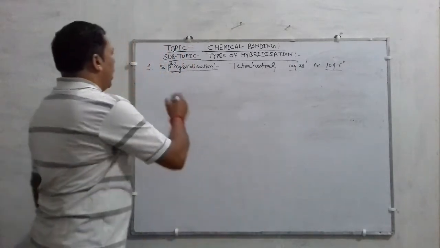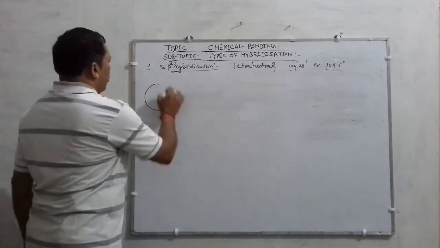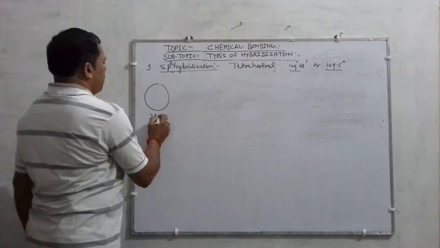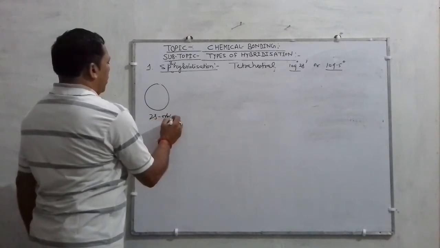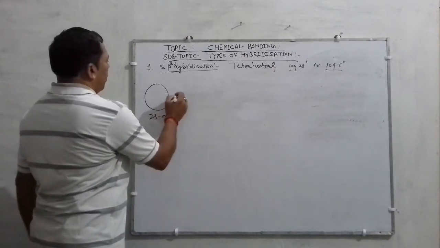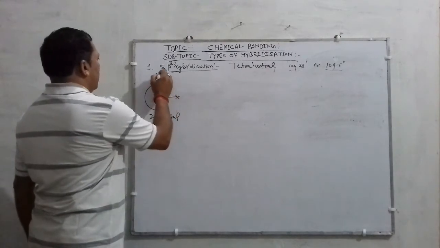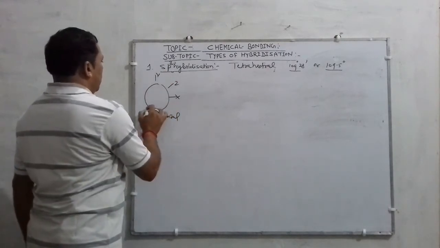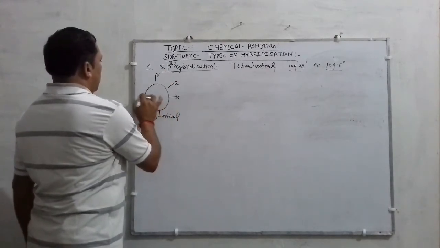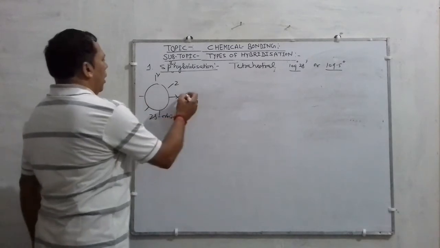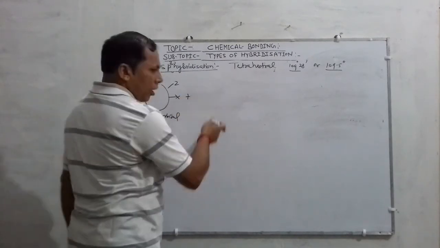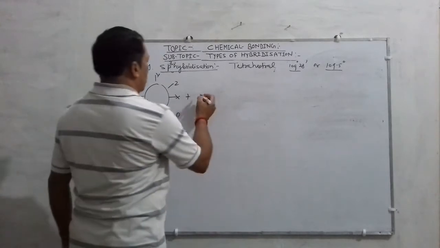Listen, suppose this is your s orbital, that is the 2s orbital. Suppose these are the axes x, y and z. 3p orbitals are taking part.